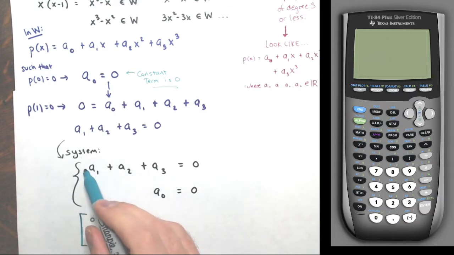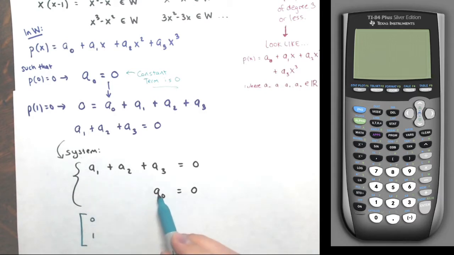There's no a0 in the first equation, 1 a0 in the second equation. Down the second column, the coefficients of a1, so 1 and then 0. Then the coefficients of a2, 1 and 0. The coefficients of a3, 1 and 0. A little bar, and 0 on the other side.